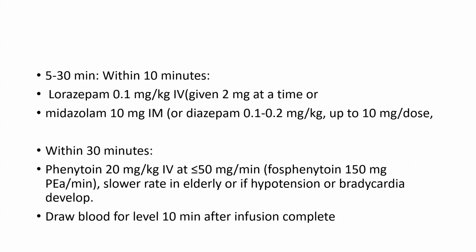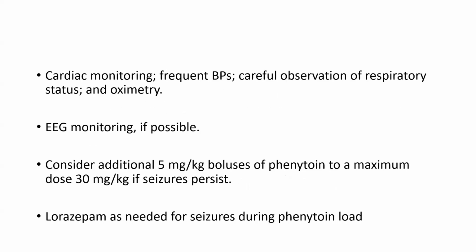Then draw the blood for level 10 minutes after infusion is complete. Then provide cardiac monitoring, assess frequent blood pressure, and careful observation of respiratory status and oximetry. Then EEG monitoring if possible. Consider an additional 5 mg per kg bolus of phenytoin to a maximum dose of 30 mg per kg if seizure persists. Lorazepam as needed for seizure during phenytoin load.